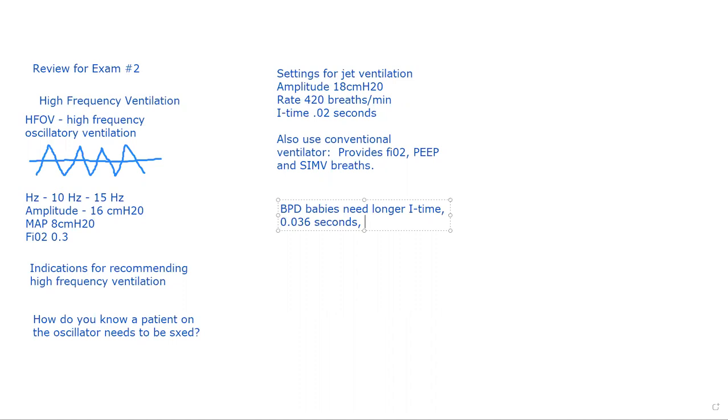So instead of 420 breaths per minute, we use 360 breaths per minute. And avoid giving them sigh breaths with the conventional ventilator, or avoid giving them SIMV breaths.